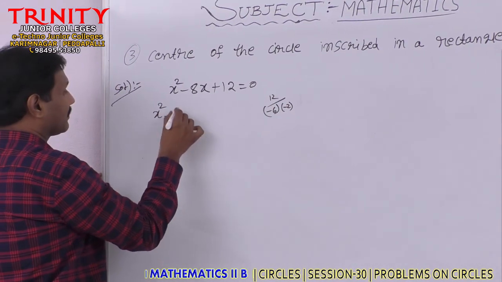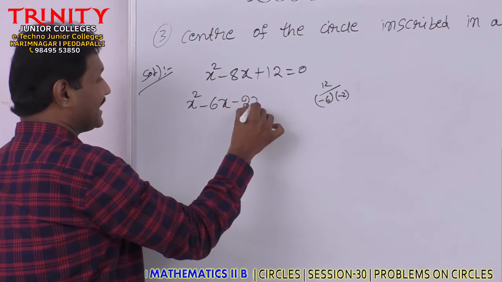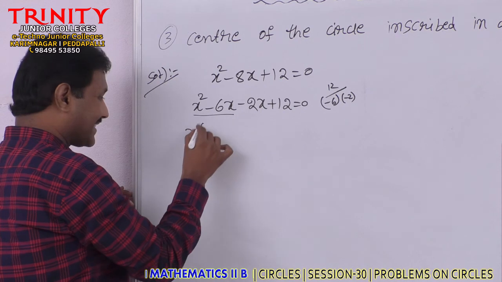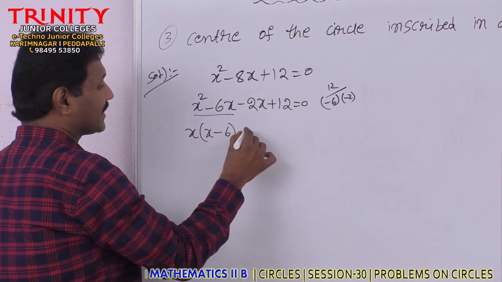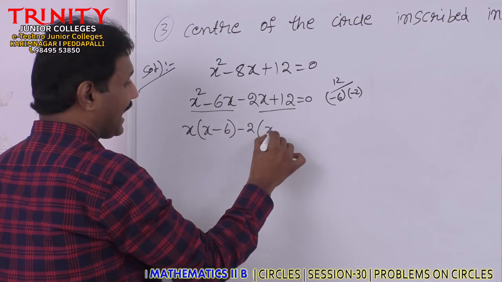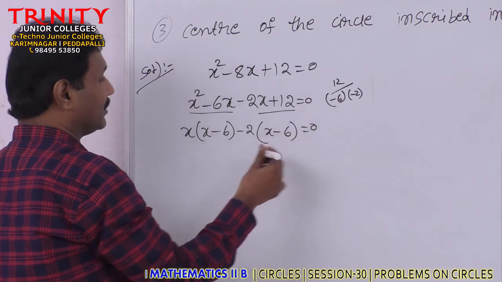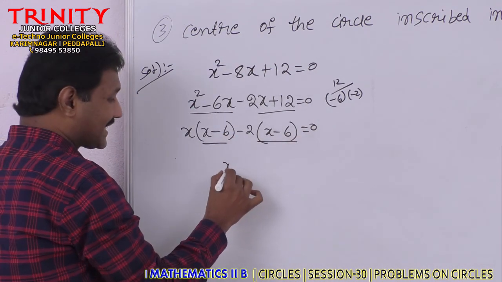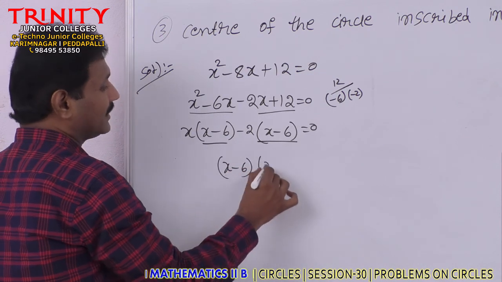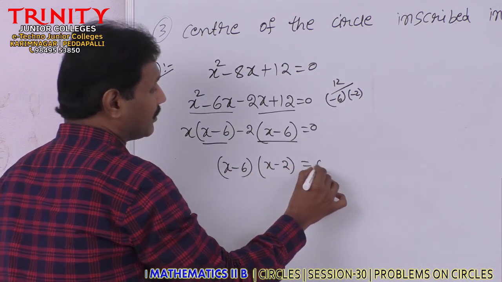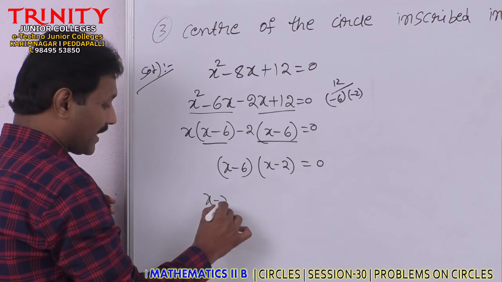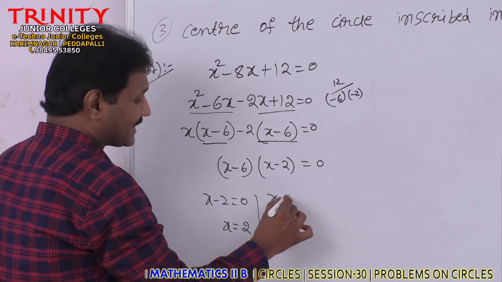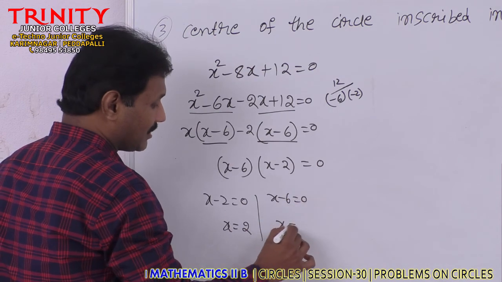So x square minus 6x minus 2x plus 12 equals 0. Taking x common, x into x minus 6, minus 2 common, x minus 6 equals 0. Total, x minus 6 common, x minus 2 equals 0. Either x minus 2 equals 0, so x equals 2, or x minus 6 equals 0, so x equals 6.